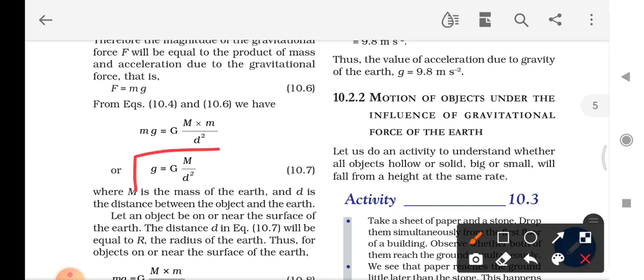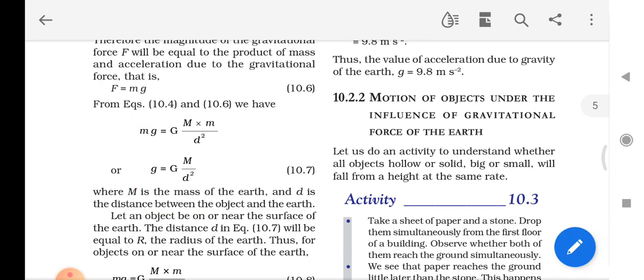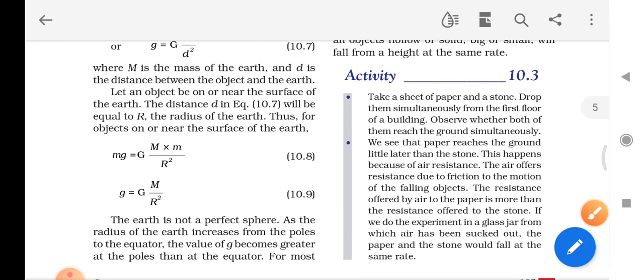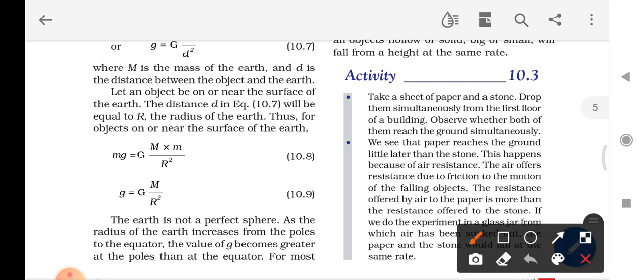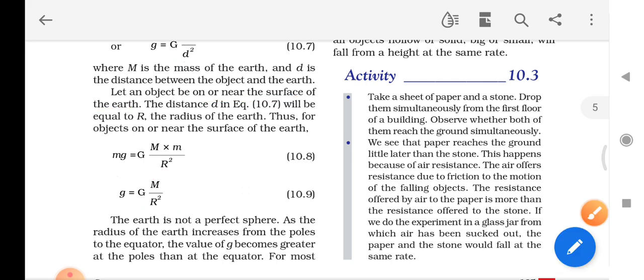And we derived the equation g equal to capital G M by d square, where M is the mass of the earth and d is the distance between the object and the earth. So when the object is near the surface of the earth, d is equal to R. So small g equal to capital G M by capital R squared.